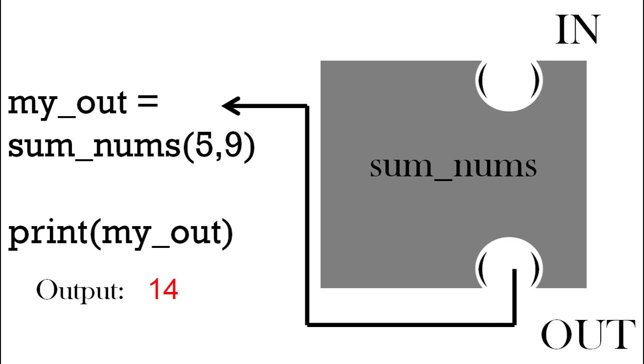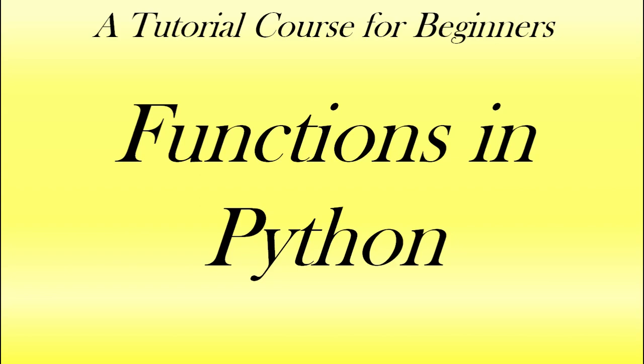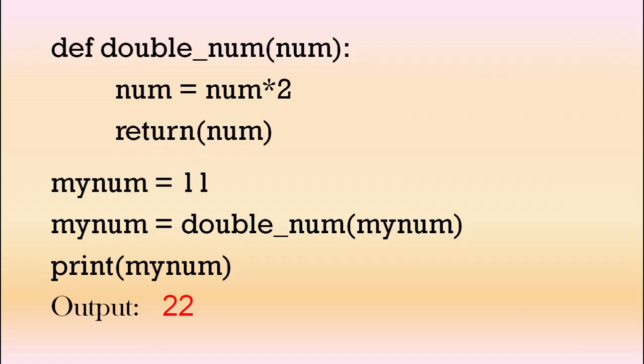So let's look at functions in Python. So the code. It seems quite a lot here, so let's break it down. 1. We've got my number and that equals 11. If we print that, it prints 11. That's nice and straightforward.